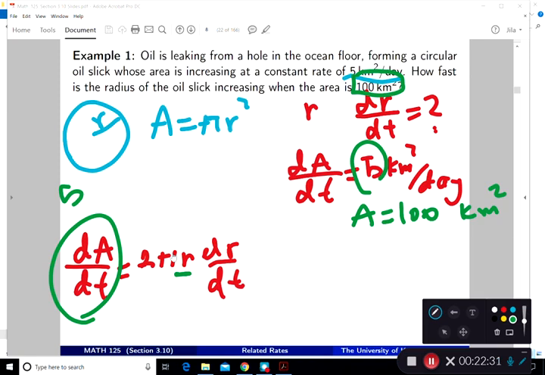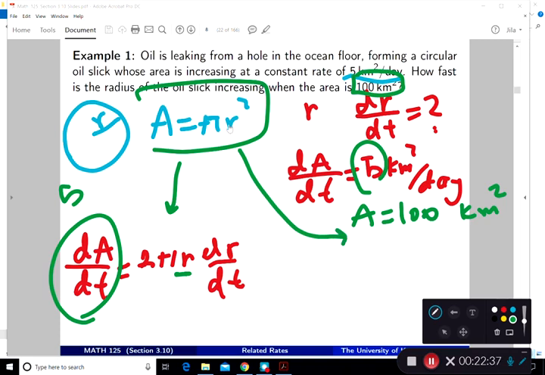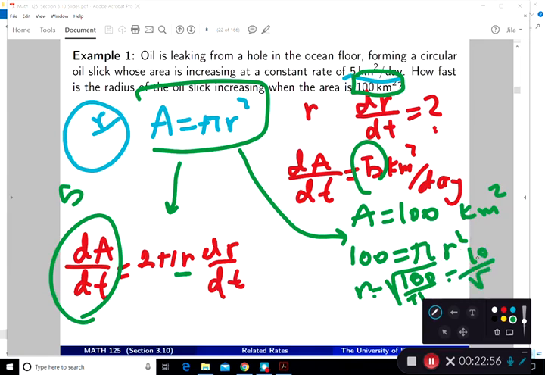Yes, I'm going to use this formula twice, once to take the derivative, once to find r. And so I'm going to set 100 equal to pi r squared, and that gives me r is equal to the square root of 100 divided by pi. That is 10 over square root of pi.